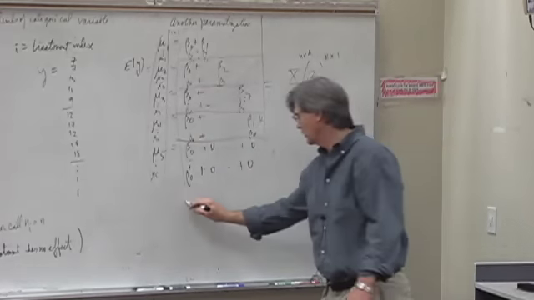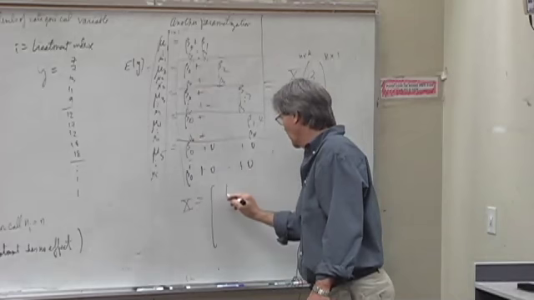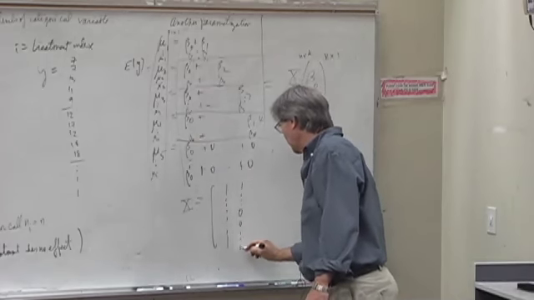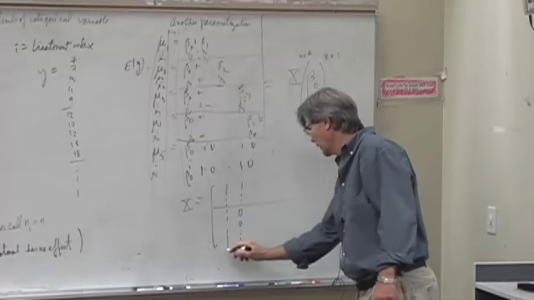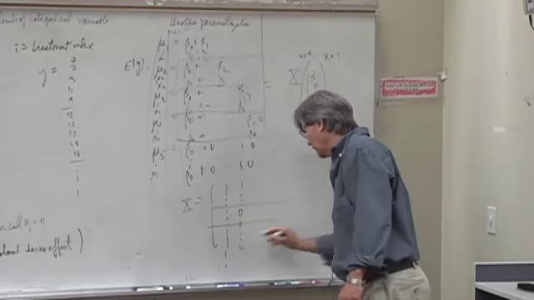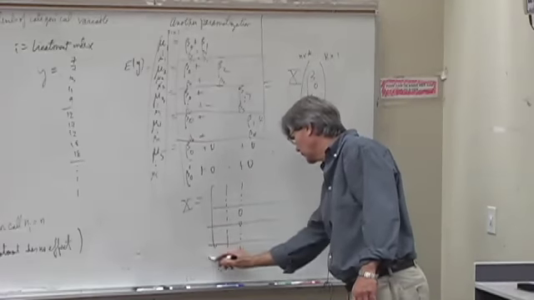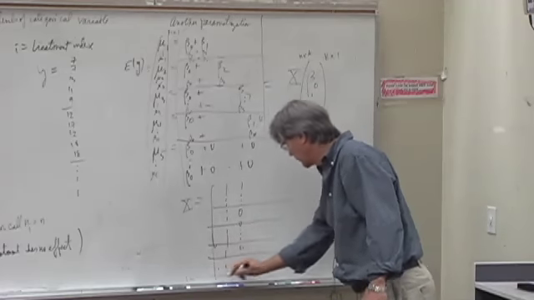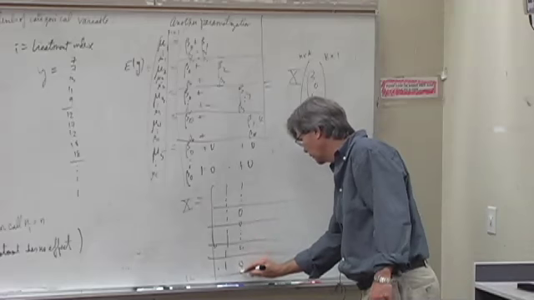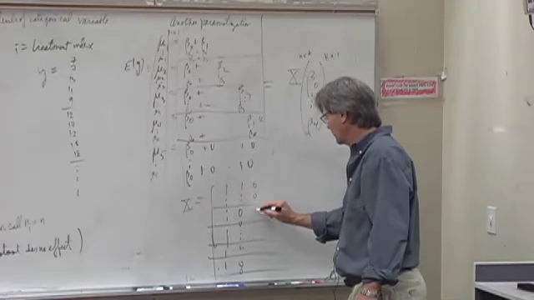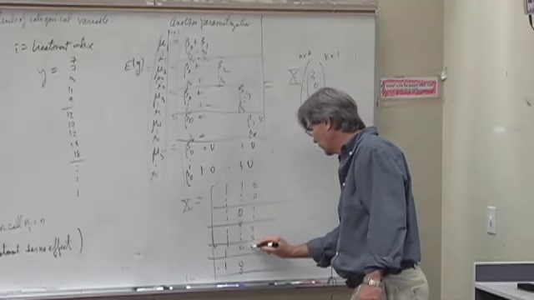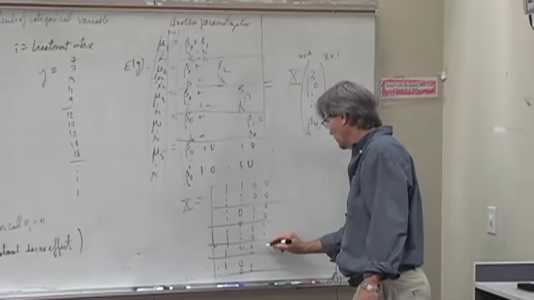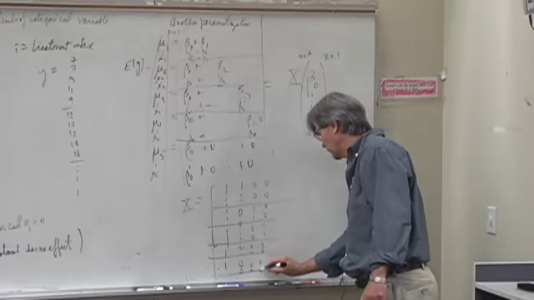X is equal to 1, 1, 1, 1, 1, 1, 1, 1, 1, 1, and then 0, 0, 0, 0, 0, all the way down. I need to make 5 levels here: 1, 2, 3, 4, 5. Zeros all down in here, and then it's 0s, 1s, 0s, and so on, then 1, 1, 0, 0, 0, 0.